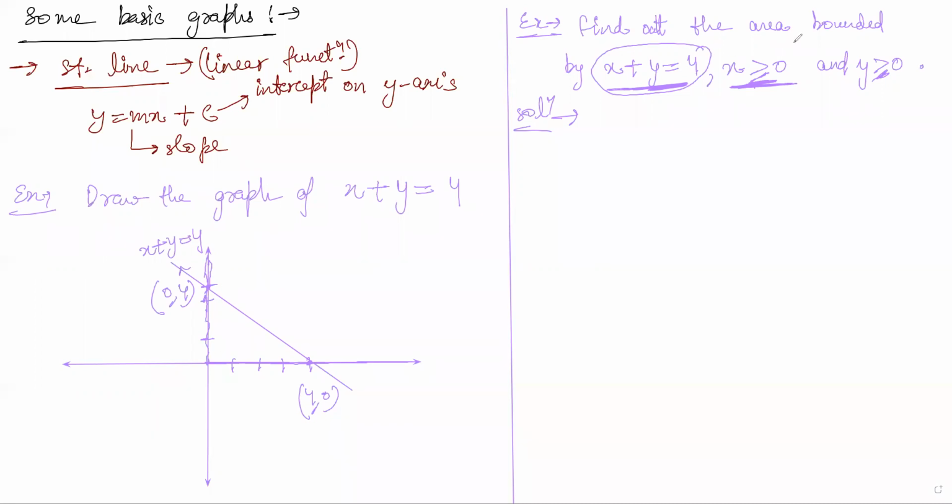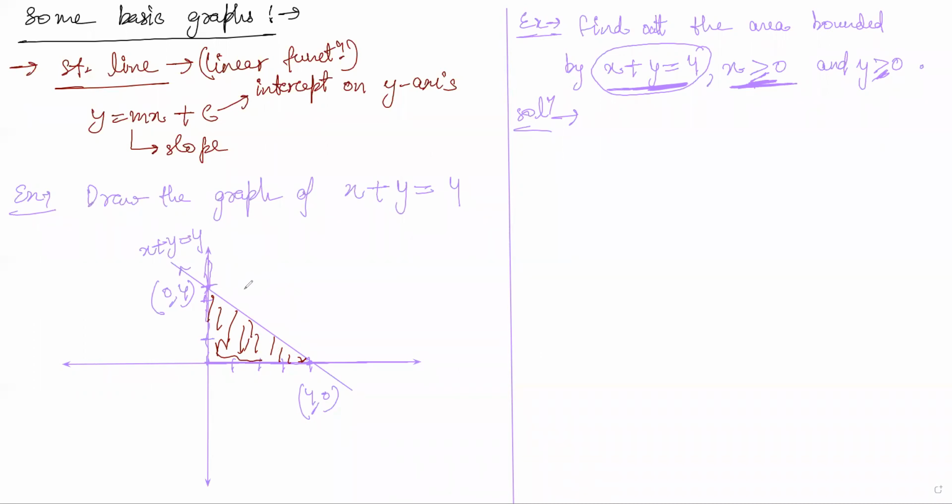So if you are told to find out the area bounded by these three lines, then the area bounded by these three lines is certainly this area. We're talking about this here. Now, to find out any area using integration, to solve any question related to area bounded by curves, you need to find a function under which the area has to be calculated.